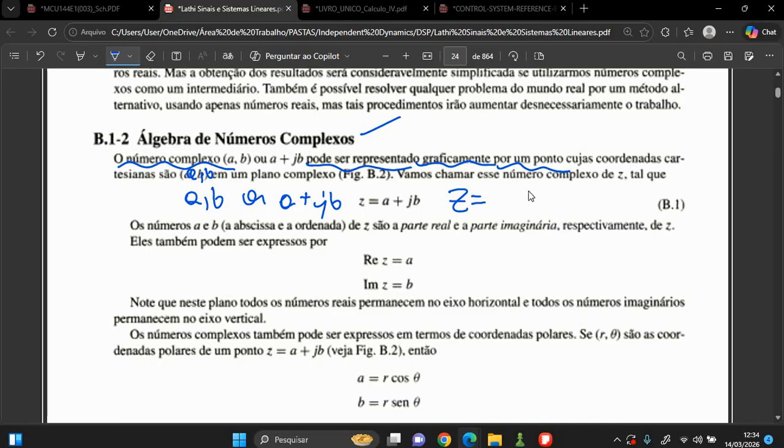So we will call this number in the complex plane a complex number z, which is equal to a plus jb.